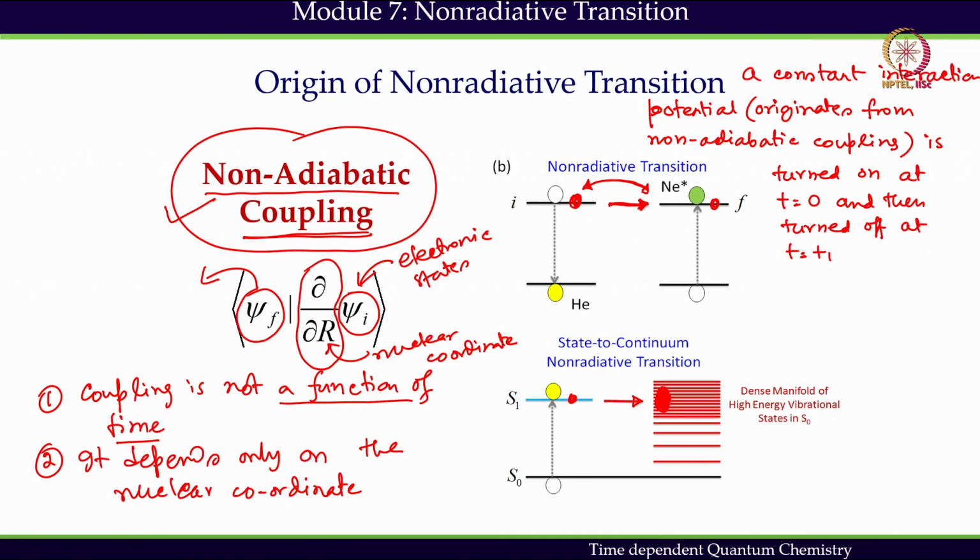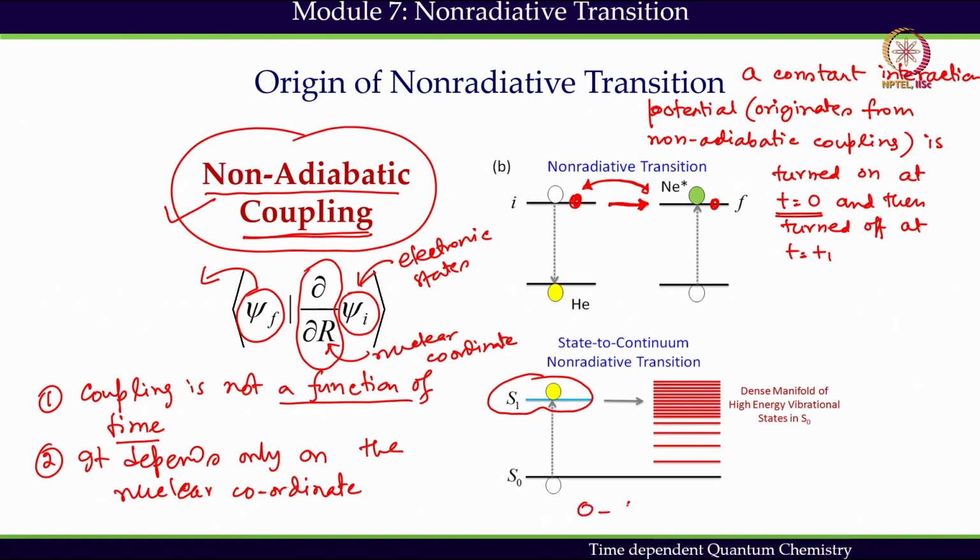So, I will assume that I have a system which is already electronically excited, and then at t equals 0 time I turn on this coupling, which is the non-adiabatic coupling term.